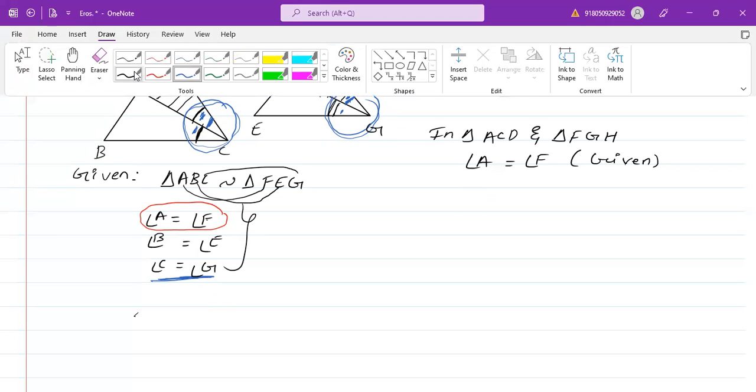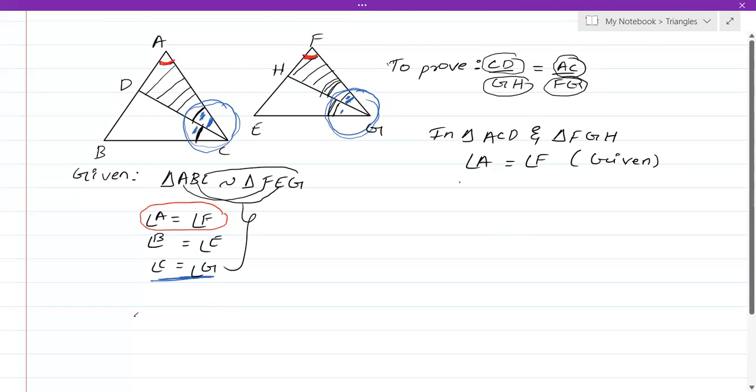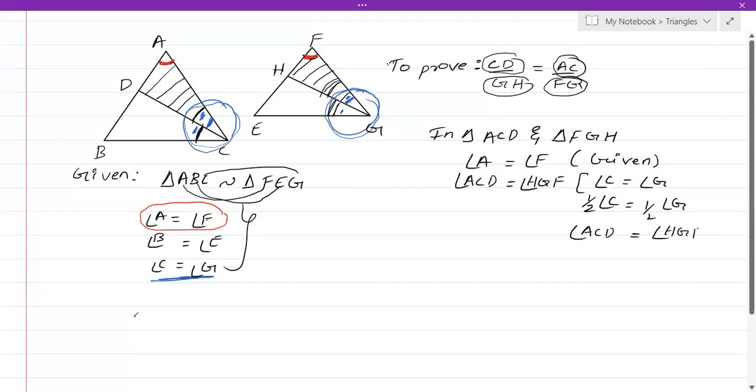So angle ACD is equal to angle HGF. The reason is angle C is equal to angle G. If the fulls are equal, half of angle C will be equal to half of angle G. Half of angle C, I'll take as angle ACD, and half of G as HGF.